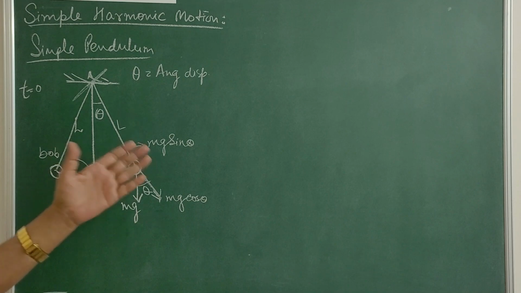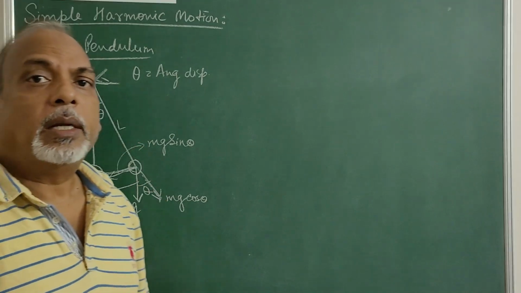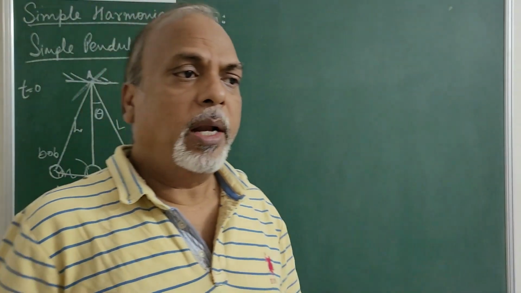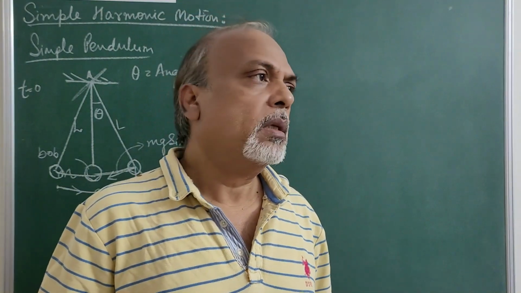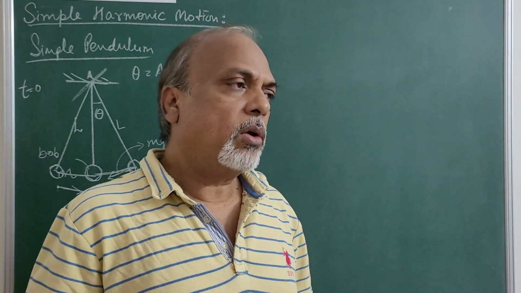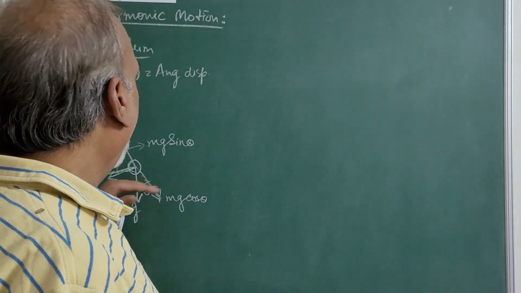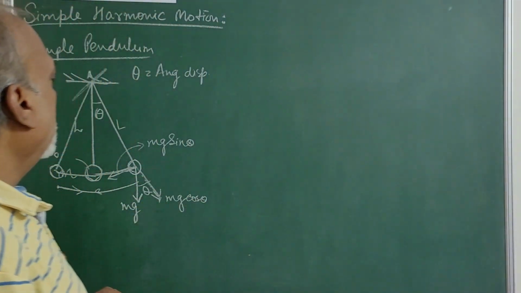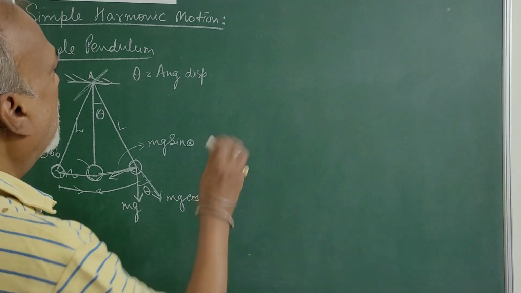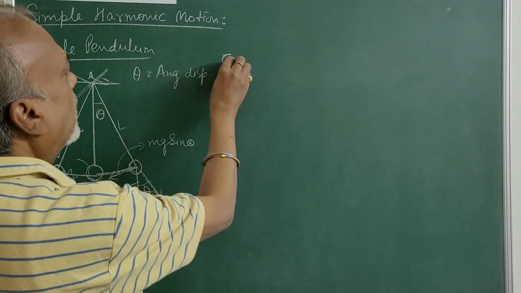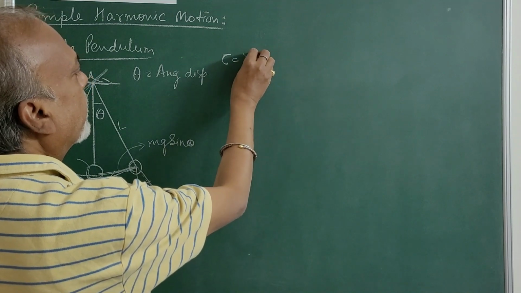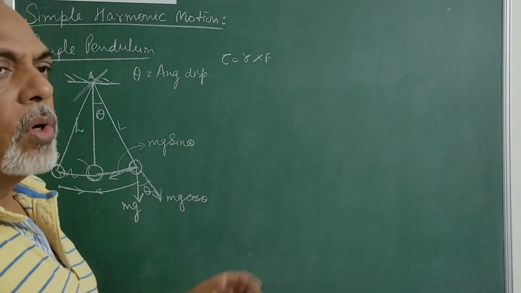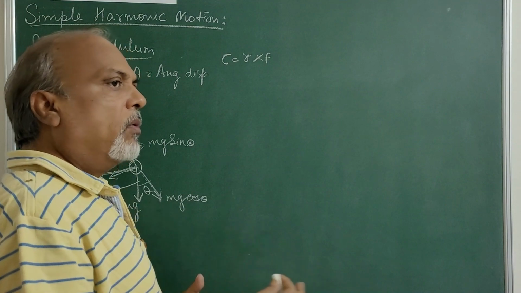Now, in our last lecture, we have seen that for any angular displacement, you must have a torque. So, where is the torque which is making this angular displacement? What is torque? Torque is nothing but r cross F. It means there is a force and there is a perpendicular distance to it.